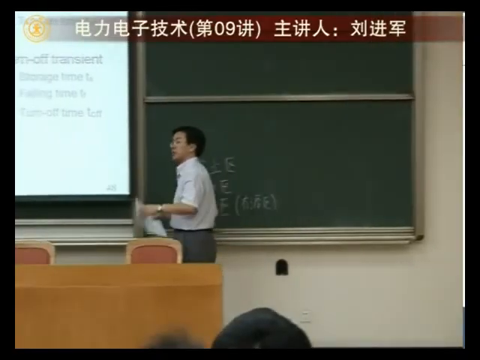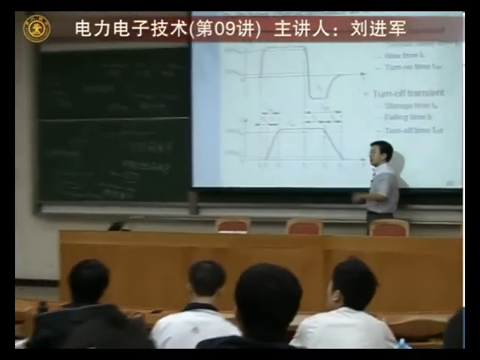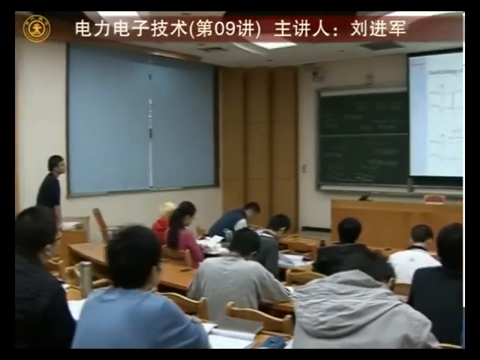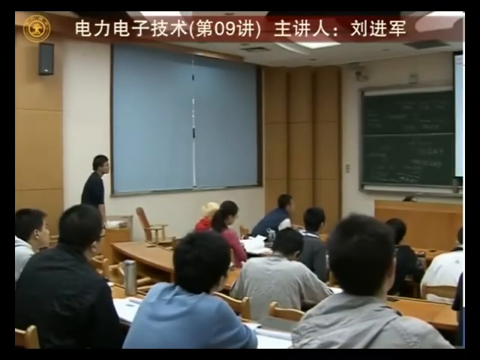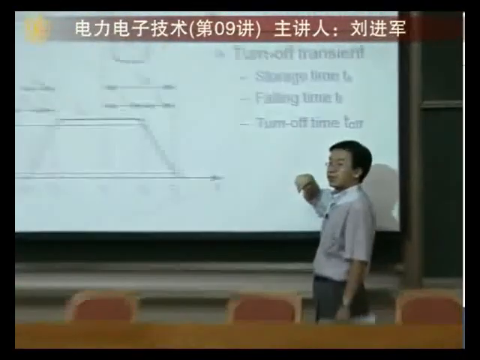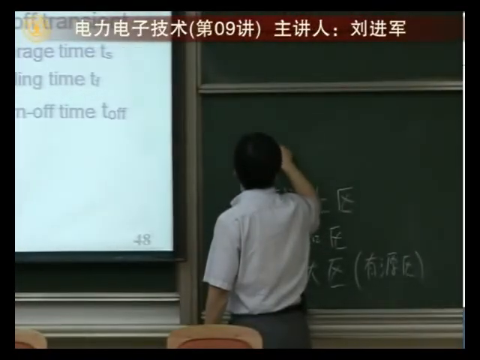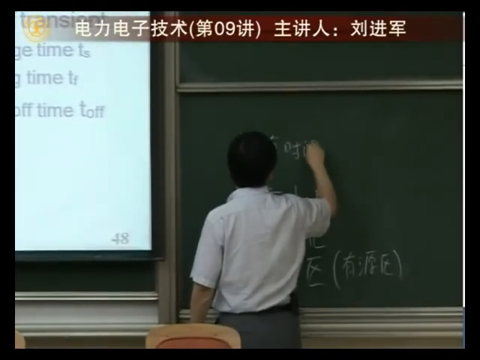Yes, please. The TS of GTR is longer than GTO. TS, the storage time. Storage time is also called turn off delay time. Is it longer than GTO?